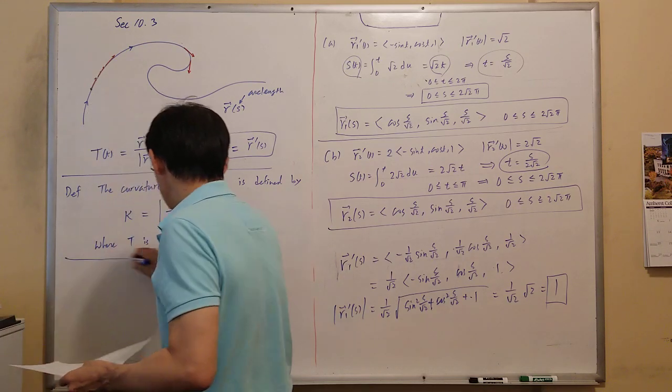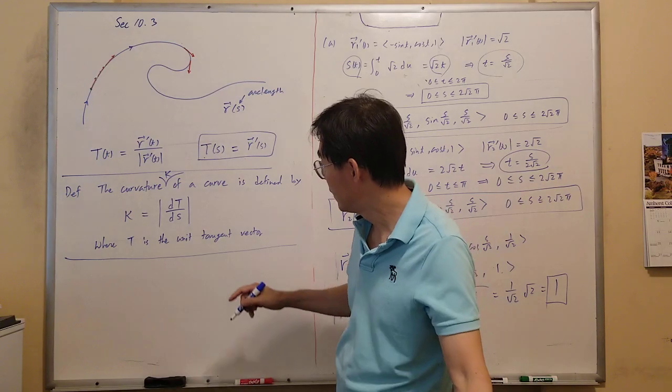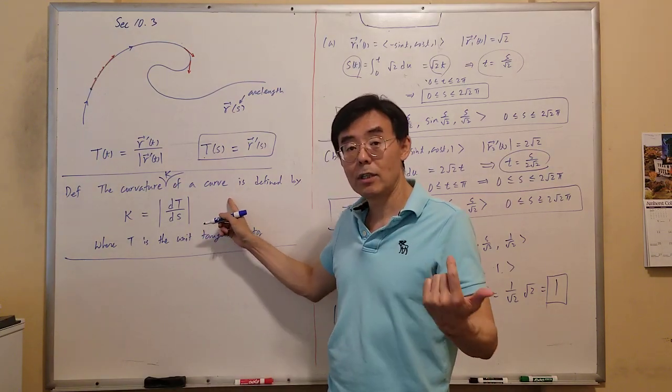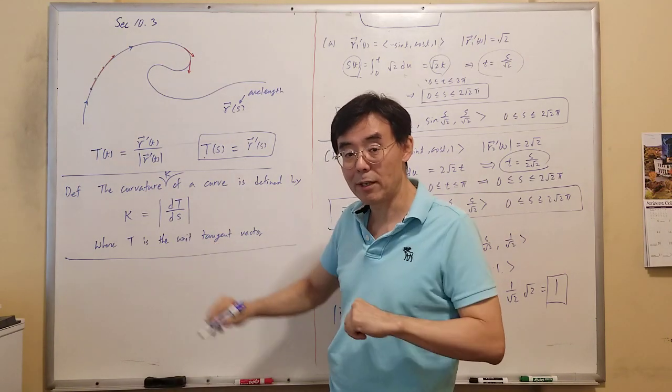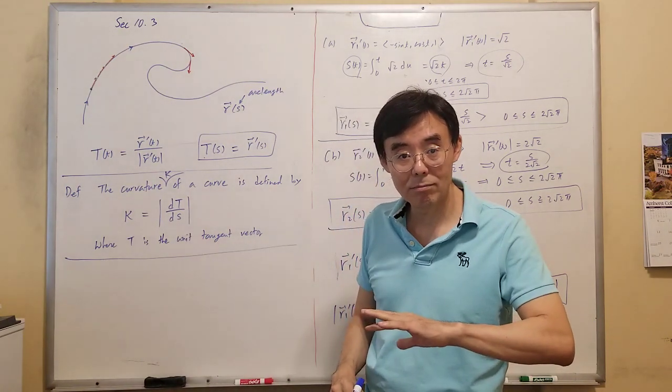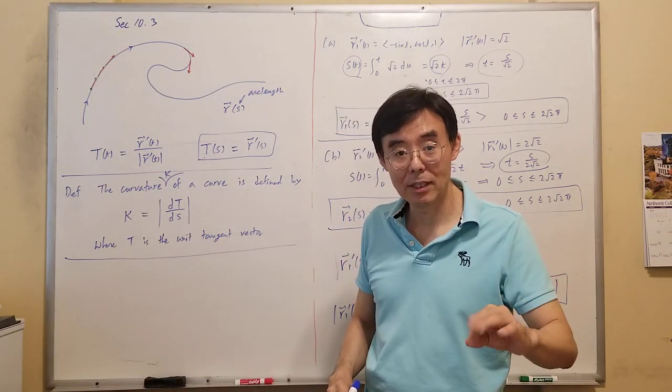Now, here you have to be careful. You find the unit tangent vector and take the derivative with respect to S, not time t, if it is given differently.